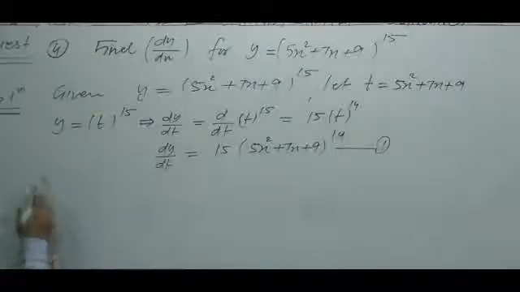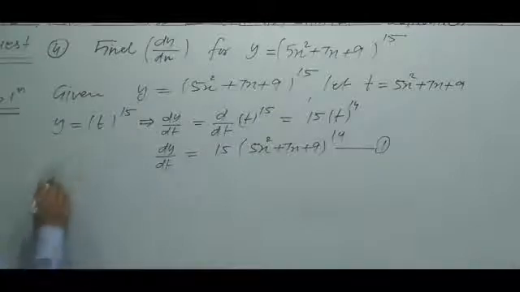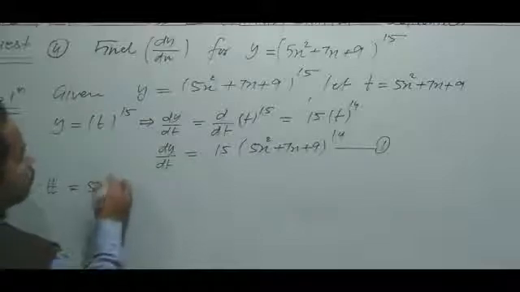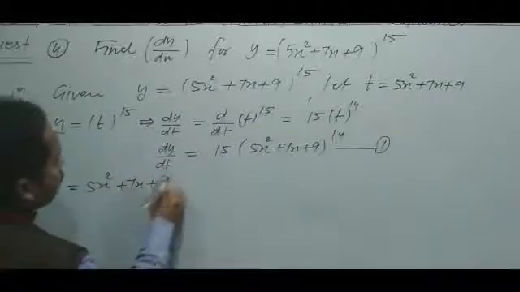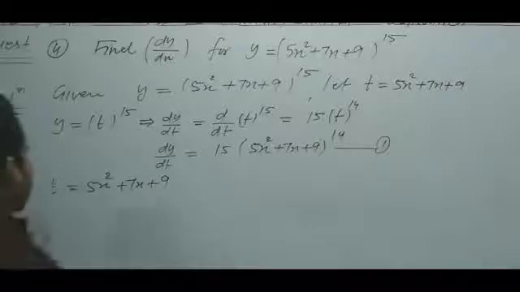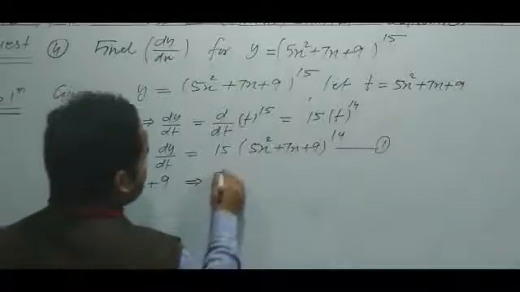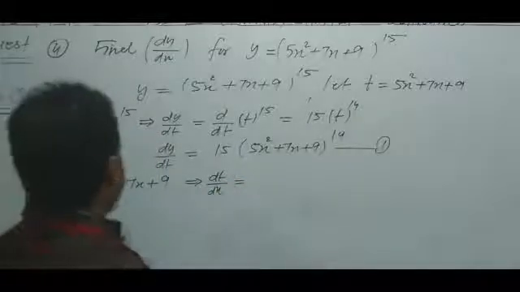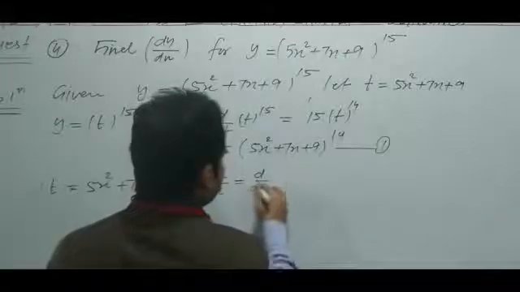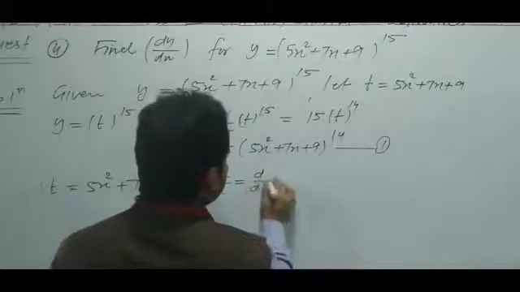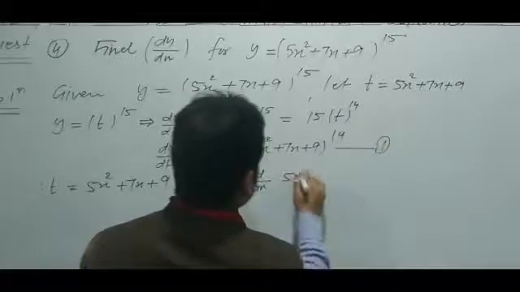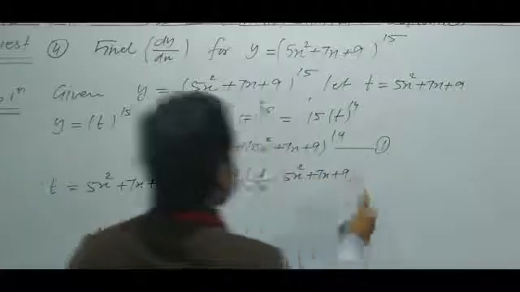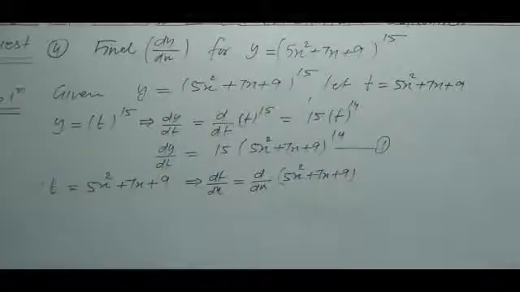Now y we have solved, and since t is equal to 5x square plus 7x plus 9, this implies dt by dx result is d by dx of 5x square plus 7x plus 9, and now we can integrate and differentiate easily.